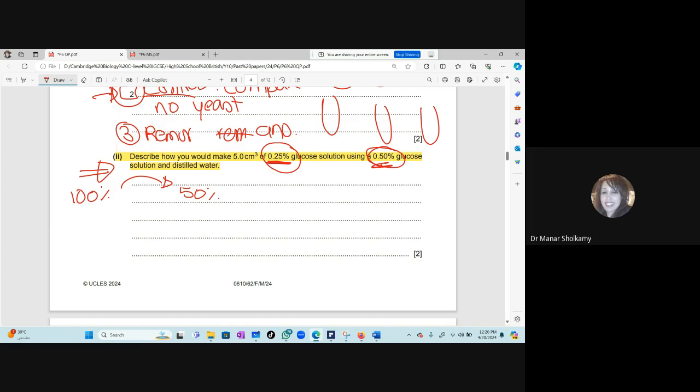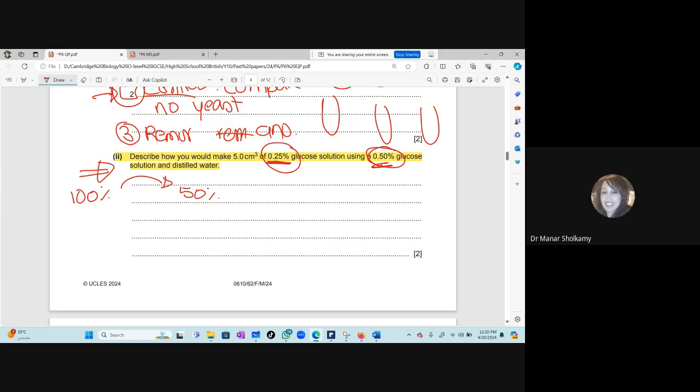You add 50% of water. Yes, you are correct. Half water, half glucose.